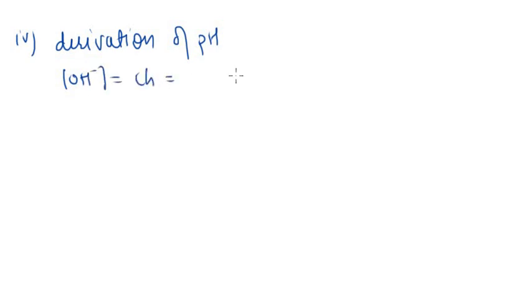Now the fourth step is the derivation of pH. We know the concentration of OH negative here is Ch.